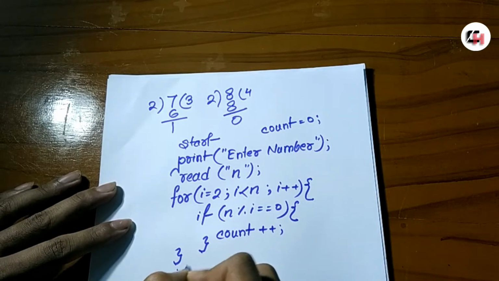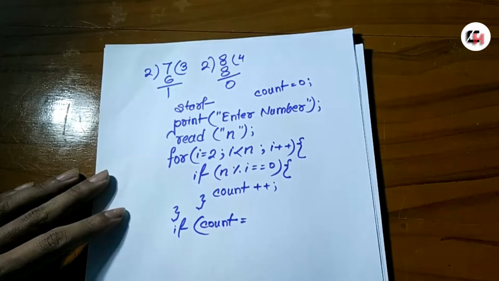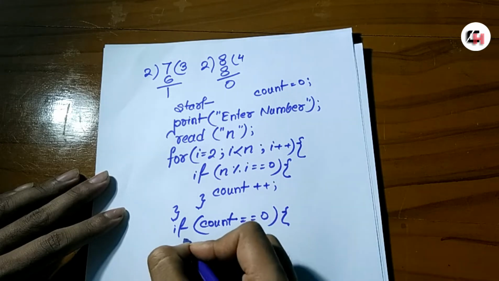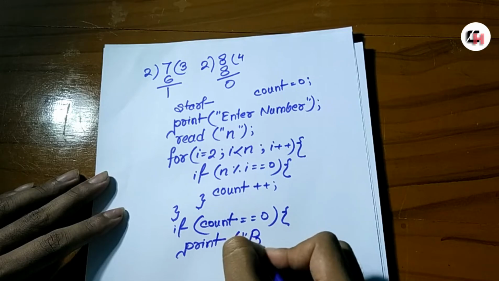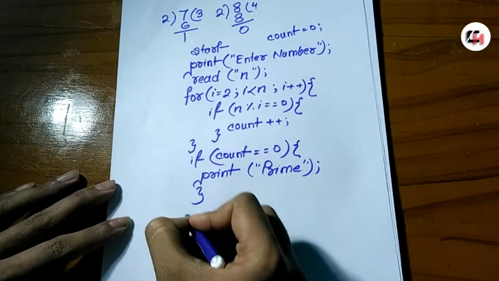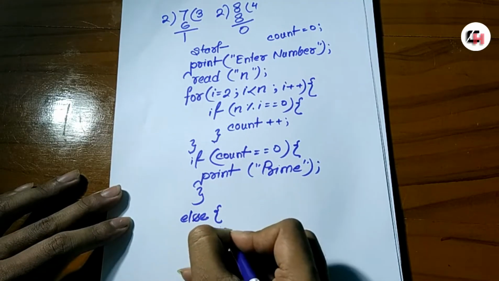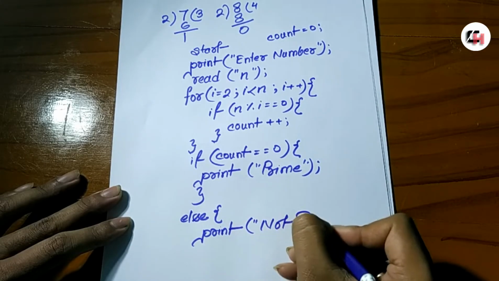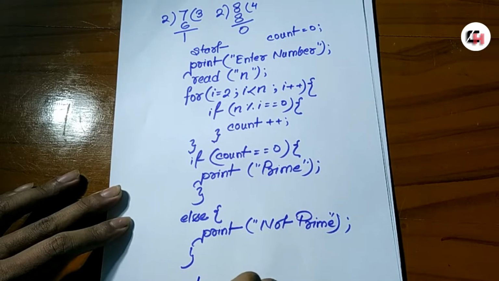After that loop, if count equal to 0, we will print prime. Otherwise, we will print not prime, and we will end our program.